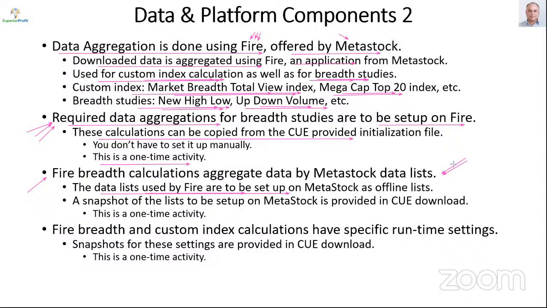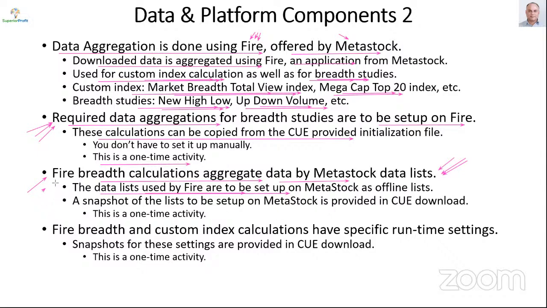And Metastock data lists tell FHIR that breadth calculations are aggregated across which data sets. You may say it is the same information, but it is to be set up at different places for different programs to pick it up properly.